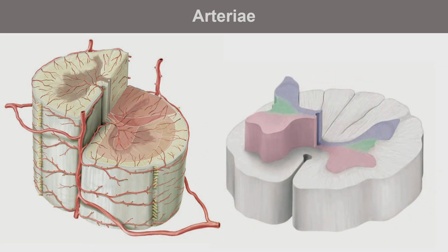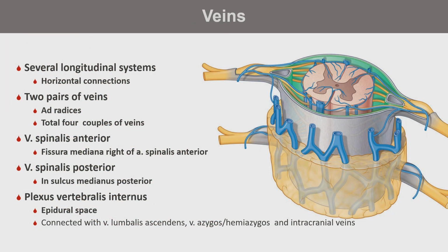So we have almost this heart supplied by the anterior spinal artery. Veins. Veins are easy to understand, because we know that veins follow arteries. Here, the anterior artery is followed by one largest vein.